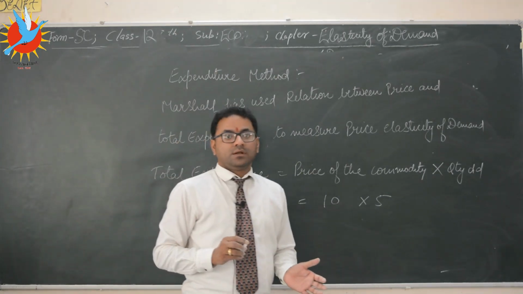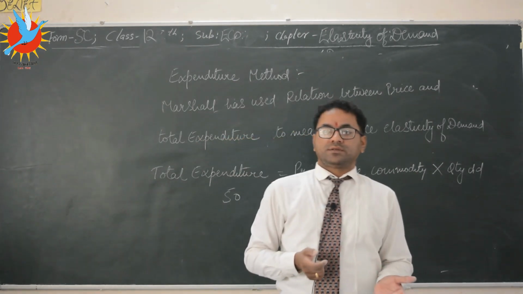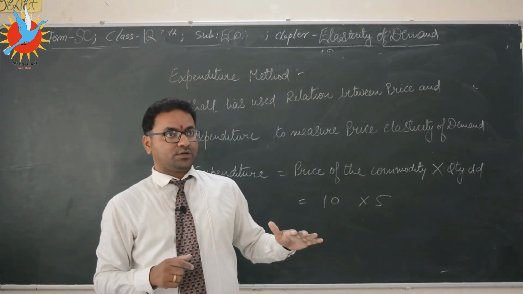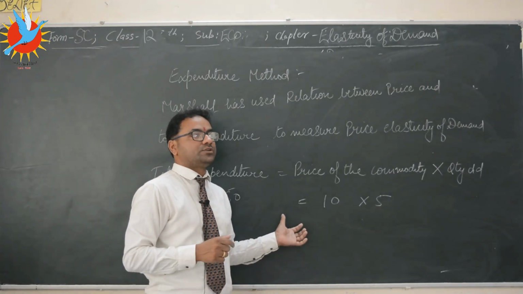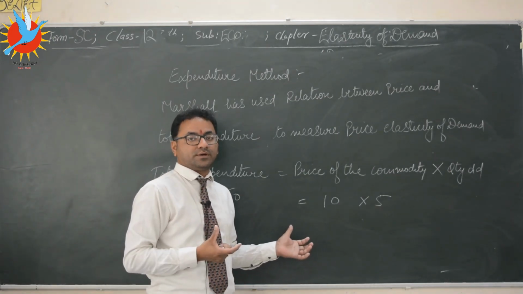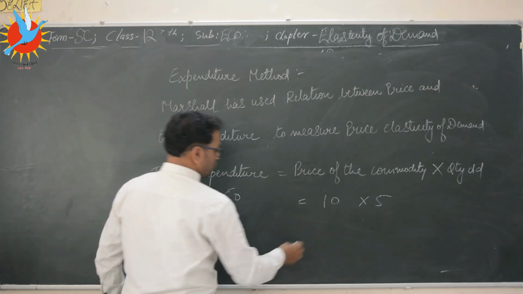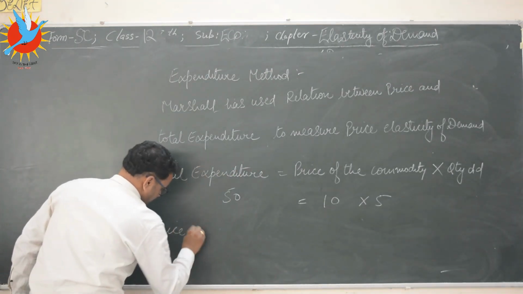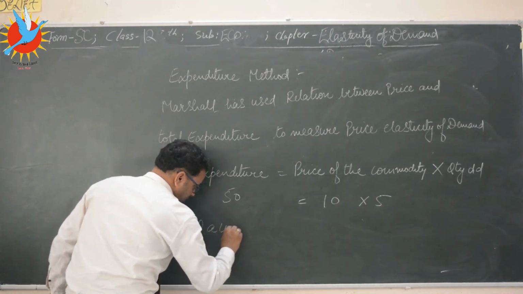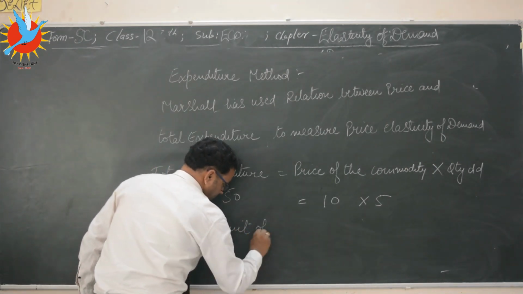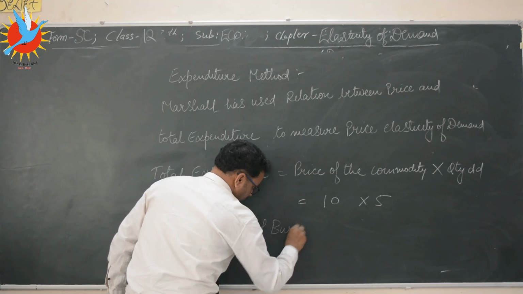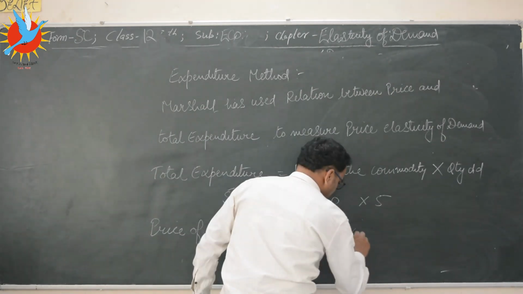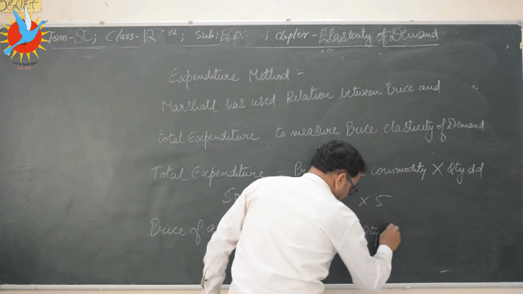Okay, for example, price of a burger is 50 rupees and you all are 5 friends, so what will be the total expenditure when all 5 of you purchase burger at rupees 50? So price of a unit of burger is 50 and how much quantity you have purchased?